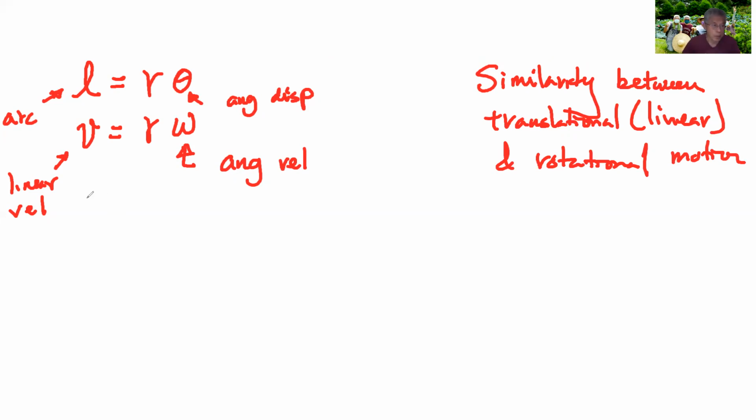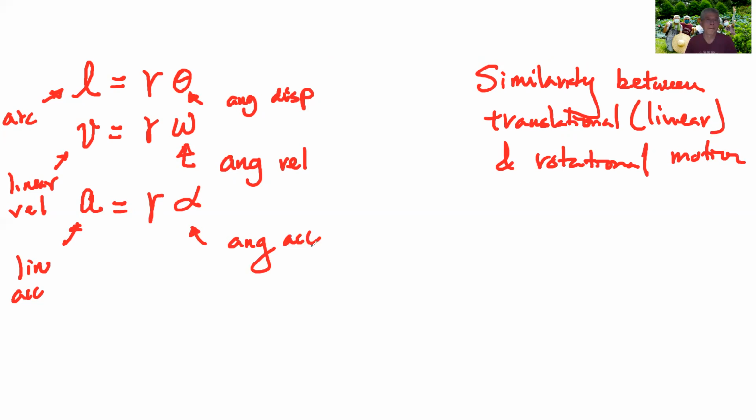In fact, we're going to introduce the angular acceleration. So this is a linear acceleration, and that's equal to r alpha. This alpha is the angular acceleration. The SI unit for theta is radian, and for omega it is radian per second.